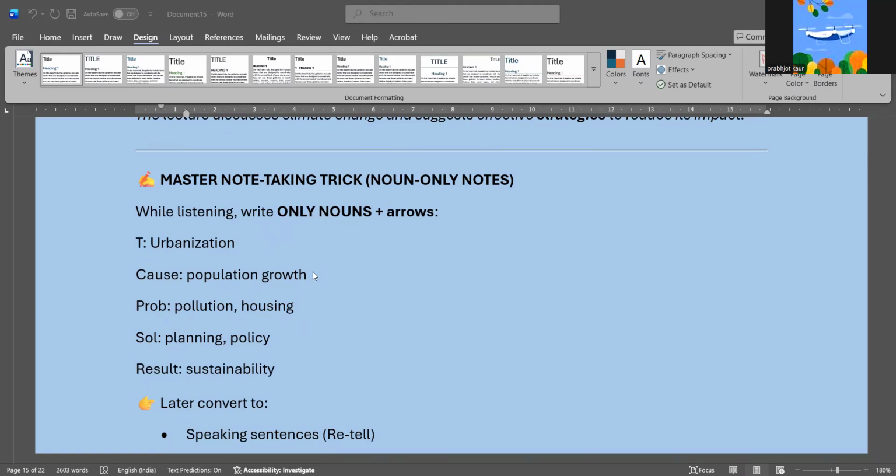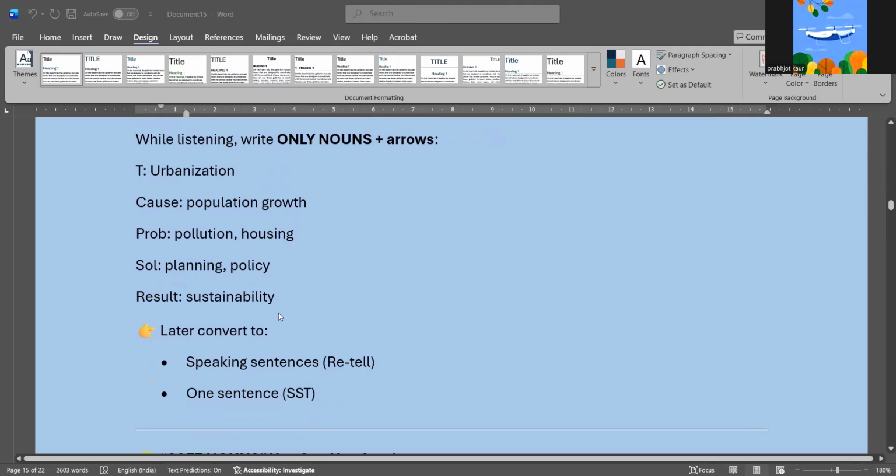If pollution and growth, then the problem will be pollution and housing. The solution is planning and policy, and the result is sustainability. So this is the main method, the main trick to do Written Lecture and SST.